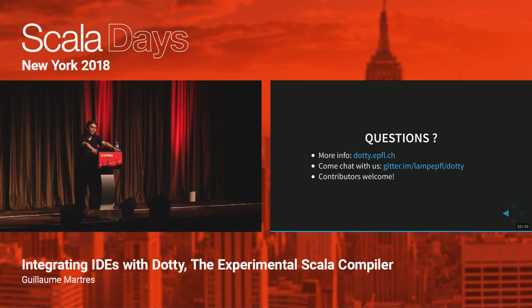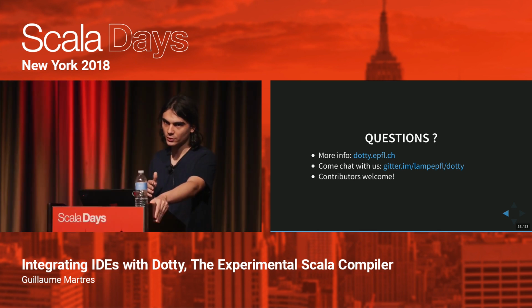Is there any path by which any of this work could benefit Scala 2 users? Yes. On the general IDE front, it's kind of hard to reuse because we depend on Tasty and on the internals of Dotty, but I don't think we need to because there are other language server implementations for Scala 2.